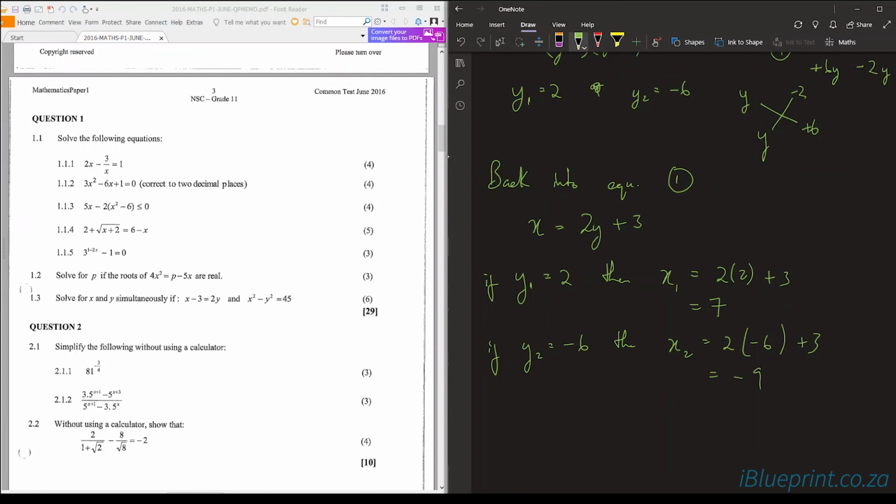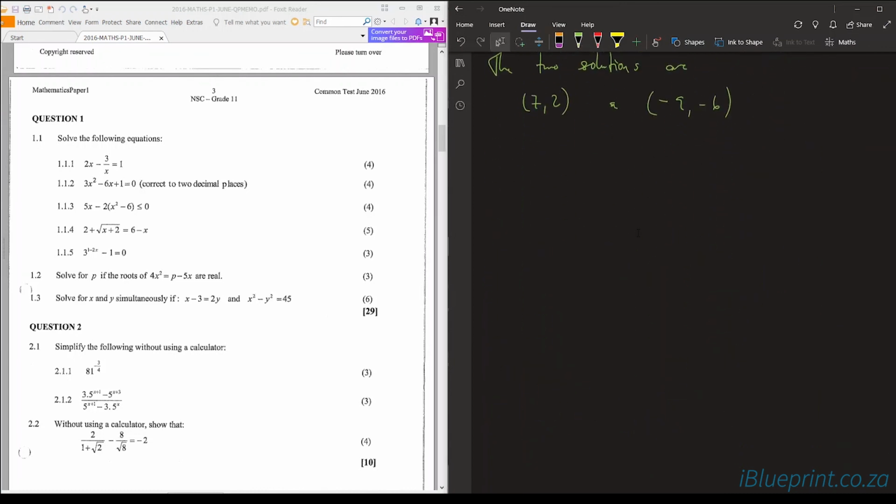So our two solutions are 7, 2, and minus 9, minus 6. And what does this actually mean visually? Well, if you imagine the visual version of this, the first equation corresponds to a straight line.